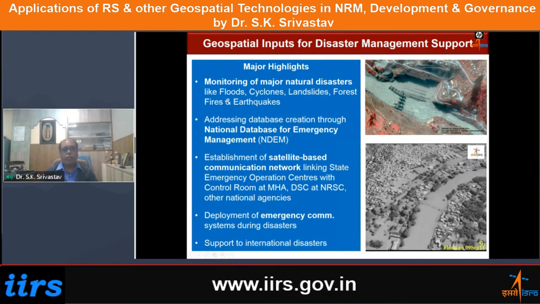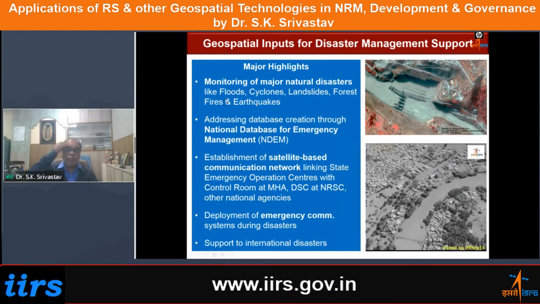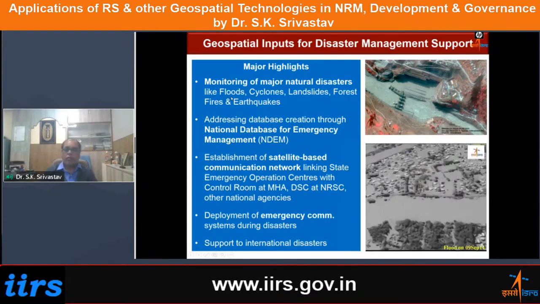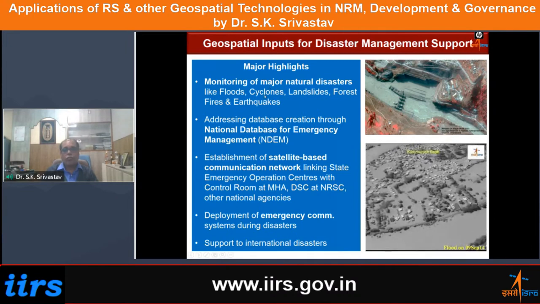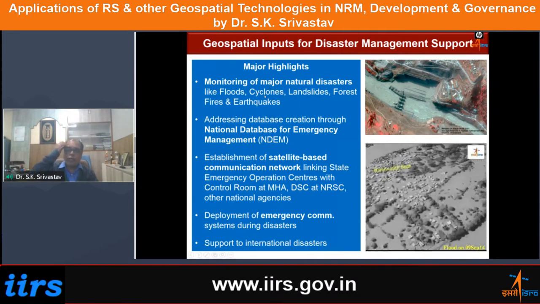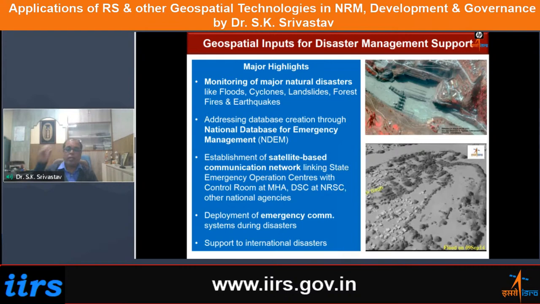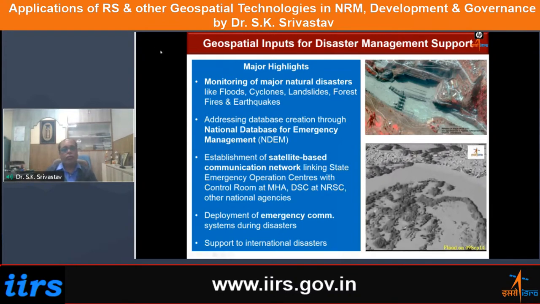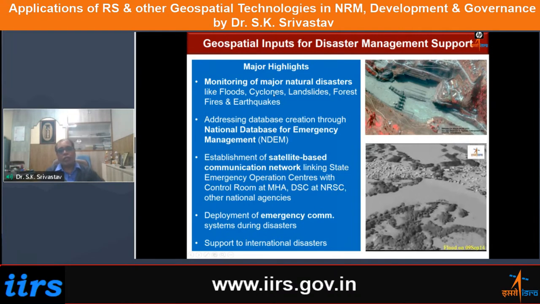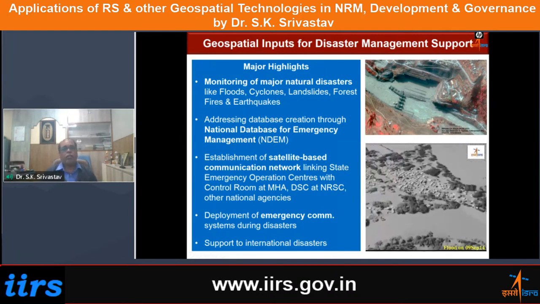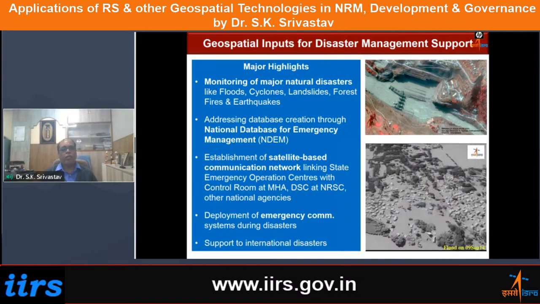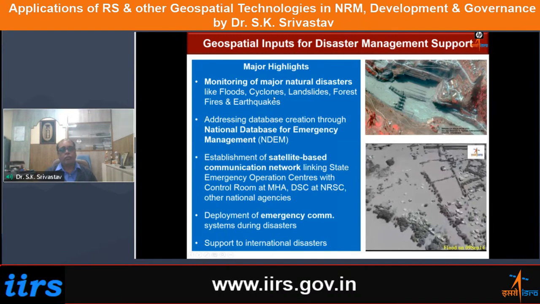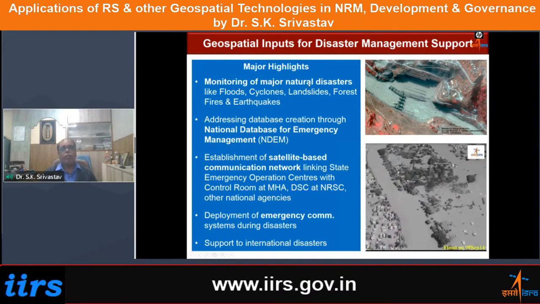Flood mapping is done by NRSC every year during the monsoon season. Cyclone tracking and prediction is done by IMD, the India Meteorological Department, under the Ministry of Earth Sciences. But how much area is inundated or affected because of the cyclone, that mapping is carried out by the National Remote Sensing Centre.